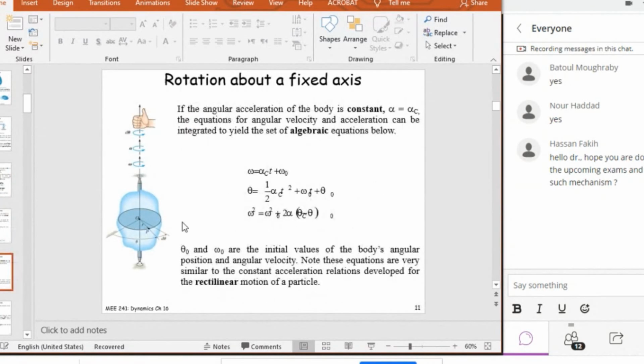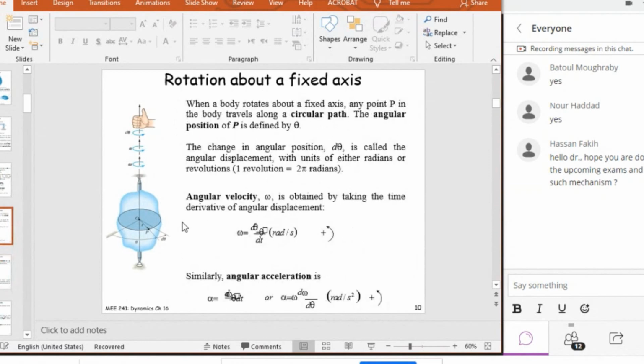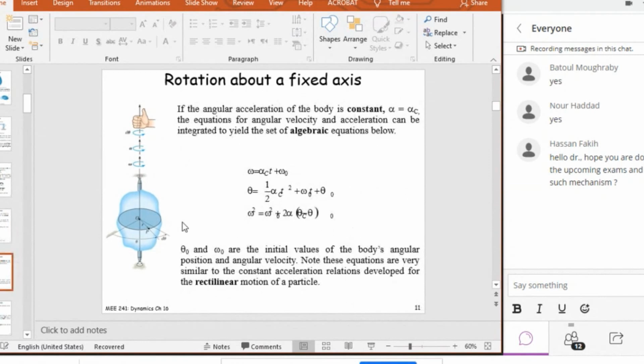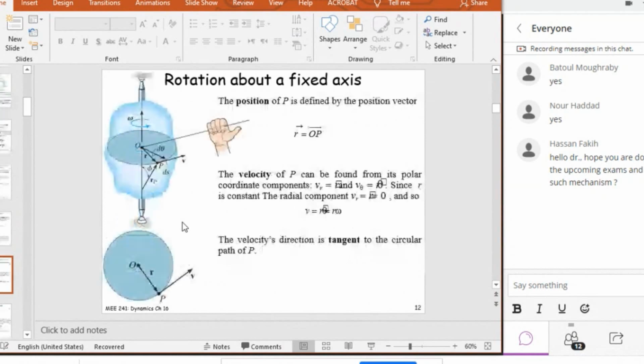All right, and also, guys, I want you to know that all the equations that are proved in kinematics for a particle are also applied for kinematics of a rigid body, and I can, in fact, do the analogy.